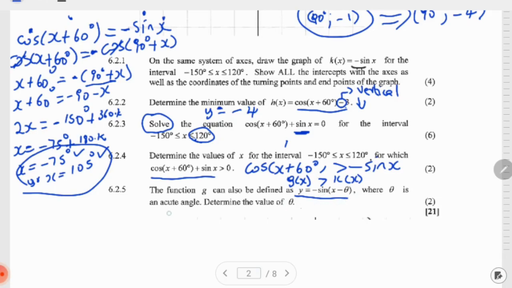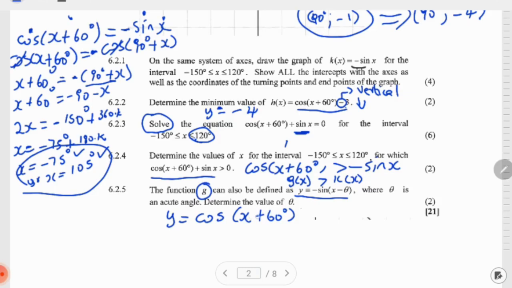I think we can start with y equals cos of x plus 60, because they did mention that the function g can also. So that's why we start with function g, which is cos of x plus 60. We're going to try to get to a sine using this graph. We start with g and we try to get to a sine.